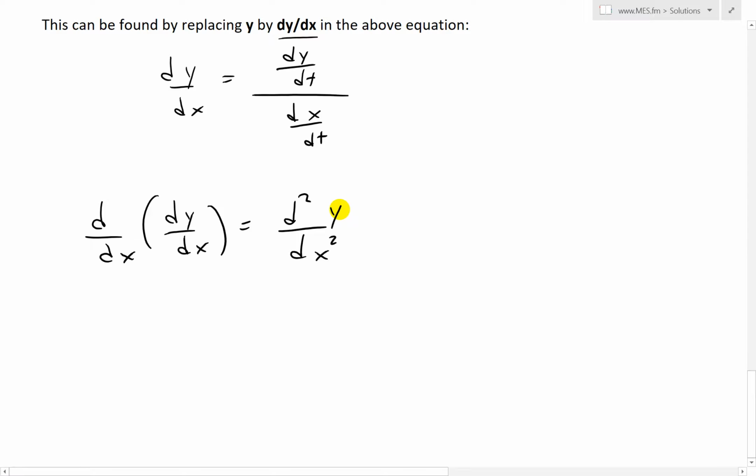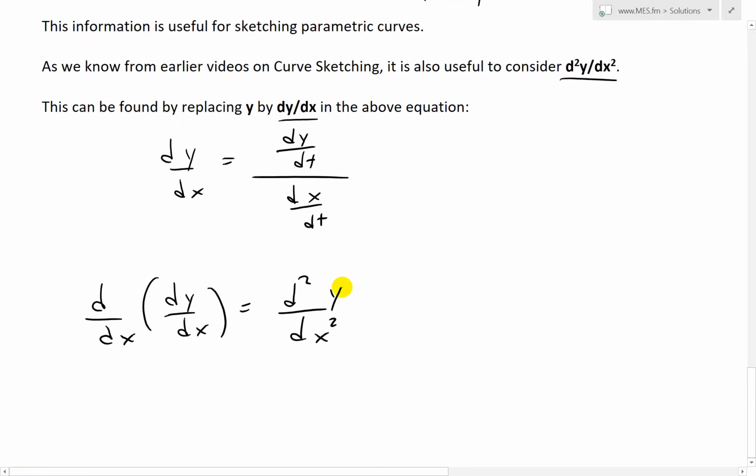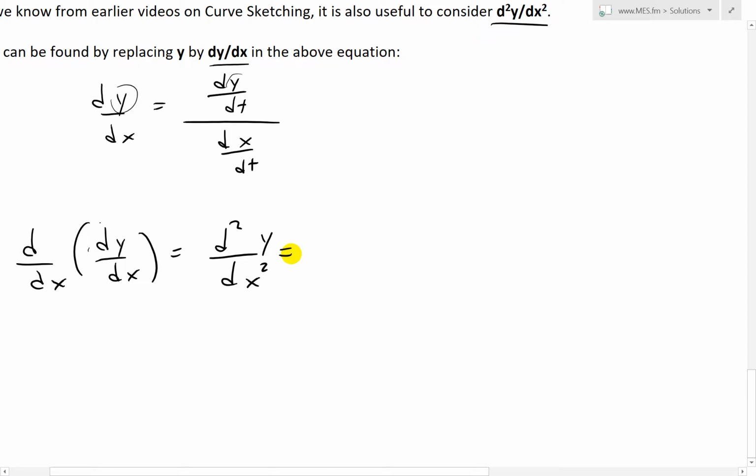What we end up having is we put this dy over dx inside this y right here. So we just replace y with dy over dx, and we need to be very careful in this. When we do that, we end up with d over dt, and we replace this y with dy over dx.